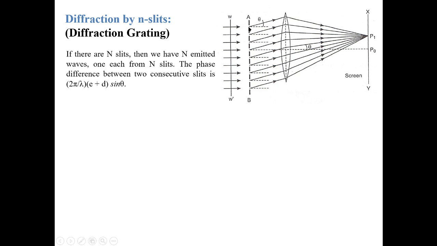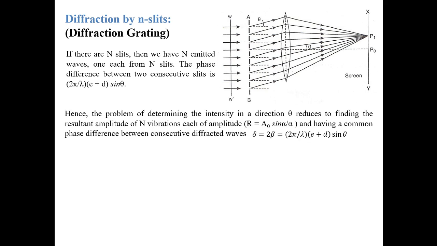Therefore, the distance from the center point of one slit to the center point of the adjacent second slit is given by e plus d, and this e plus d is known as the grating element for a given grating. The path difference between two waves emitted from first and second slit will be (e plus d) sin theta, and the corresponding phase difference between two consecutive slits will be 2 pi by lambda times (e plus d) sin theta.